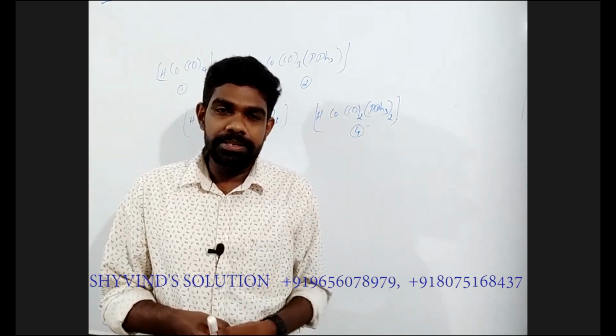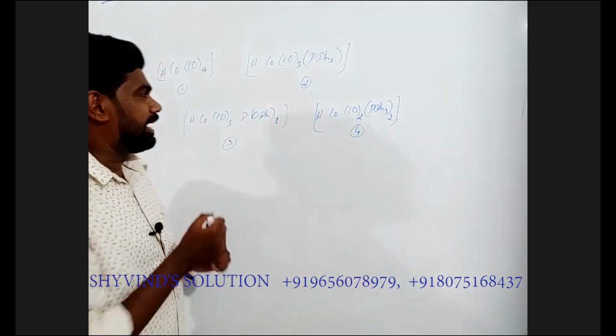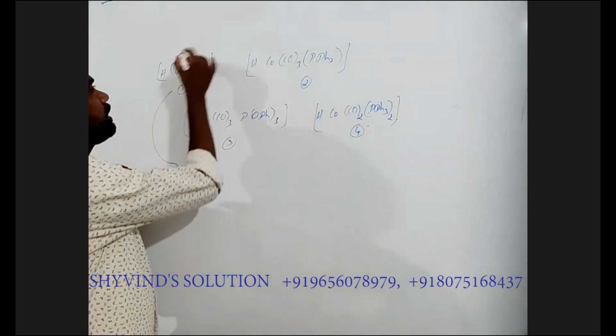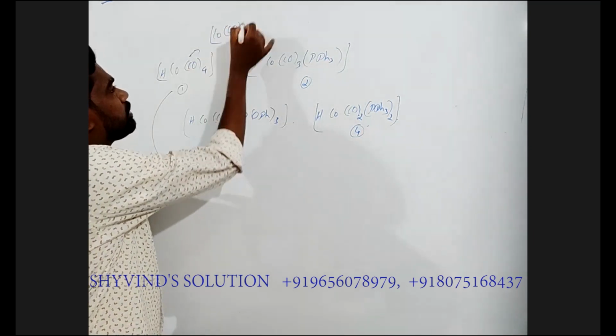That's very simple. The idea is after the removal of H plus, we will get an anion. After removal of H plus, the first molecule gives Co(CO)4 minus.